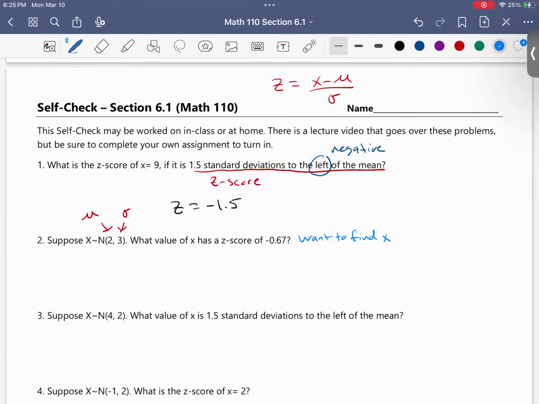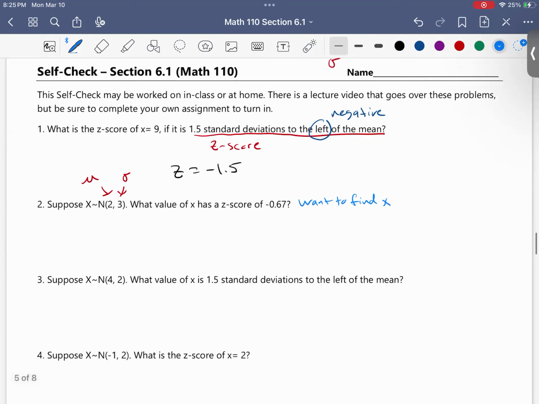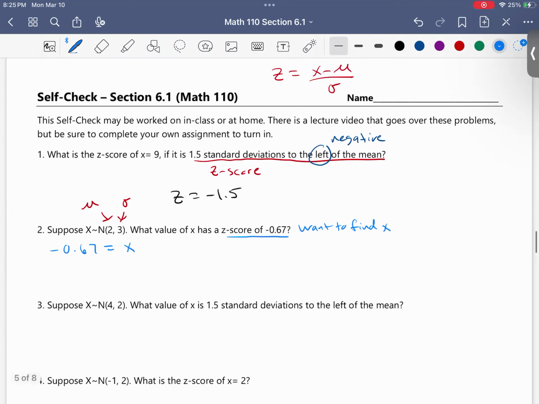And up above, you could see our z-score formula. So let's go ahead and use this formula to find x. So let's go ahead and write this out. So it has a z-score of negative 0.67. So negative 0.67 equals x minus 2 over 3.